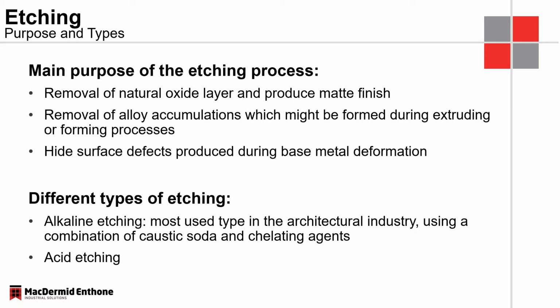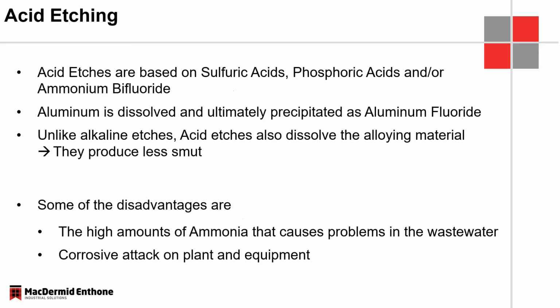The different types of etching processes here: we've got the alkaline etching processes, very, very easy to run, very well understood, and relatively cheap as well. And then on the other side, we have acidic etching processes as well for certain aluminum alloys and certain process sequences where customers prefer them.